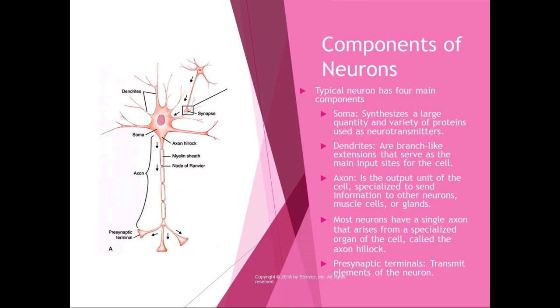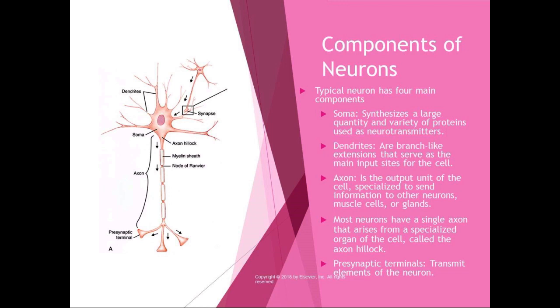They're branch-like extensions that serve as the main input sites for the cell. The axon is the output unit of the cell. It's specialized to send information to other neurons, muscle cells, or glands. Most neurons have a single axon that arises from a specialized region of the cell that's called the axon hillock. So the axon hillock is the region of the cell where the axon sprouts and then goes off to contact other cells.